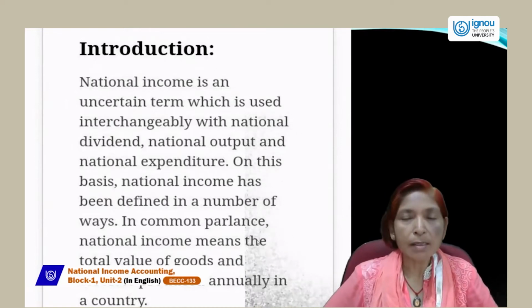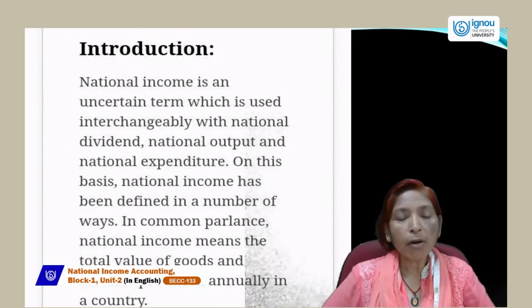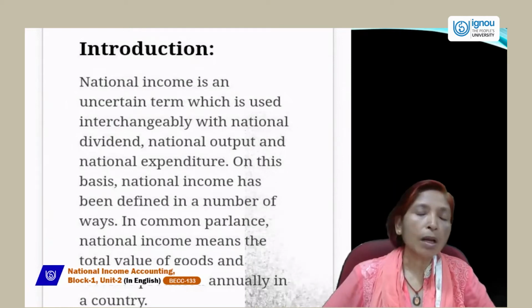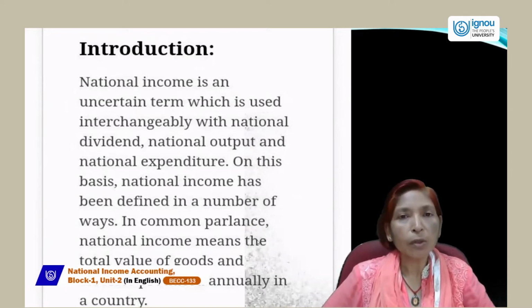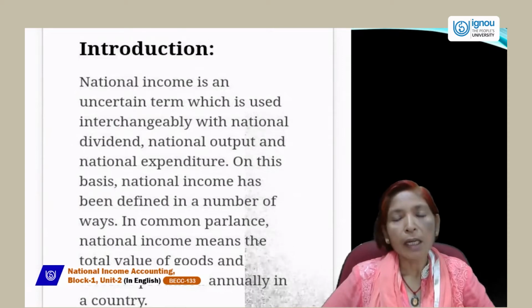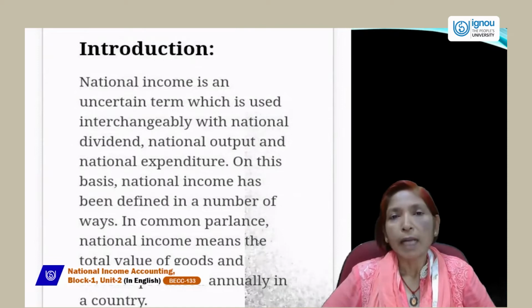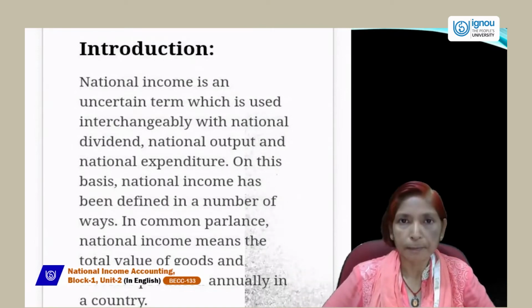On this basis, national income has been defined in a number of ways. In common parlance, national income means the total value of goods and services produced annually in a country by the normal residents of a country in an accounting year.